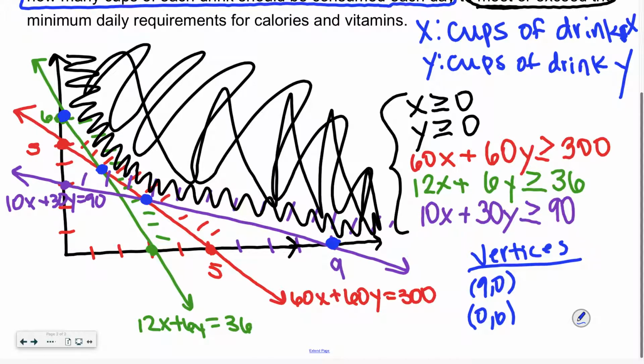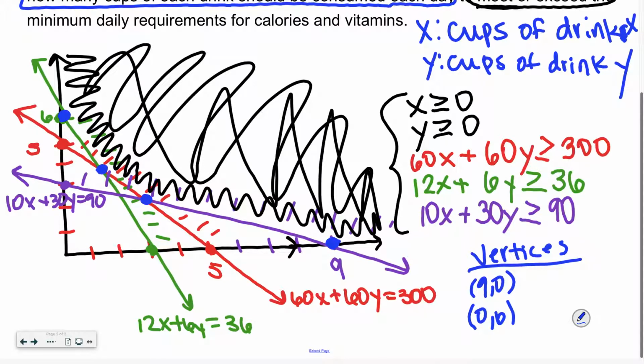So don't go through the algebra to find it. Now, do you see why I labeled all of our lines? We don't care about this coordinate, so it's not worth our time to find. We care about these two. So I have my red and green line labeled so I can find this intersection. I have my red and purple line labeled so I can find this intersection.